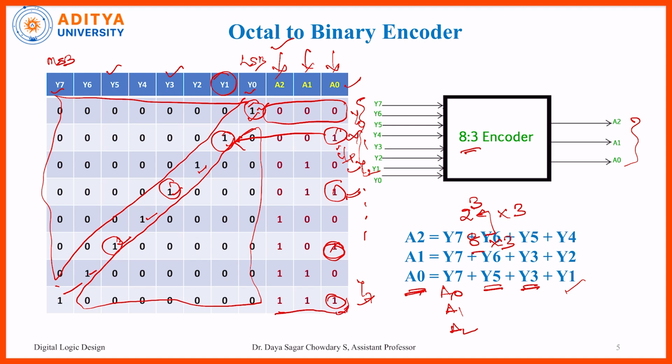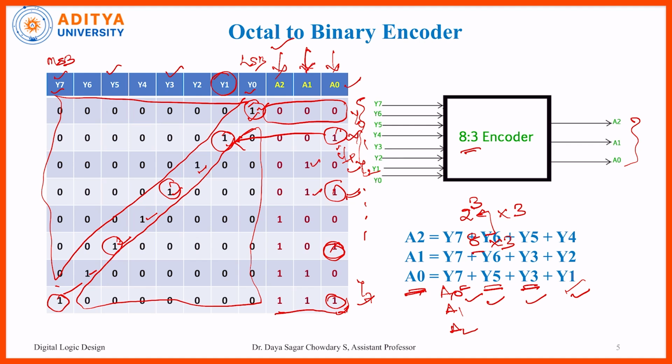And one more 1 is there, the corresponding input is Y7. So A0 can be constructed with the help of Y1, Y3, Y5, Y7, the summation of all these inputs leads to the output A0. Likewise A1 is also constructed with the help of the ones.